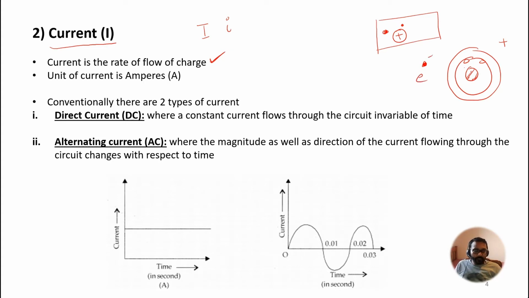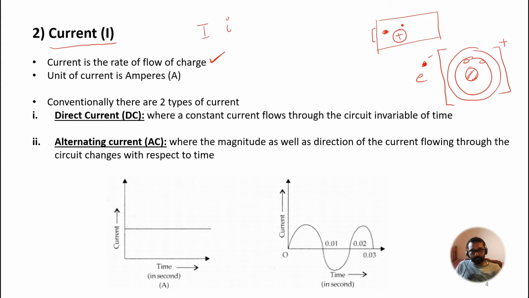Okay, now we say current is the rate of flow of charge as the perfect definition, but sometimes we also say that it is the flow of electrons. Why do we say that? Does it mean that the positive charge or the remaining atom will not flow, right?